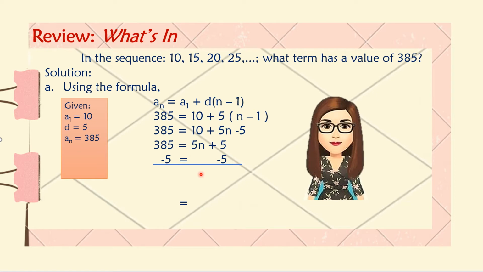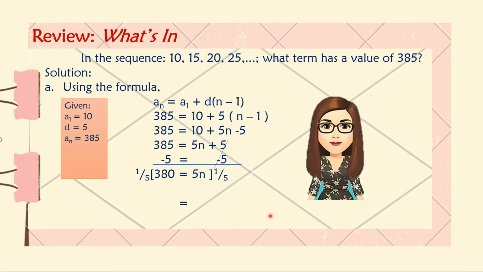So we have 385 minus 5 equals 5n plus 5 plus negative 5; makakancel na, kaya ang matitira sa right side, 5n na lang. Sa left side, 385 minus 5 is 380. Now, we have 380 is equal to 5n.